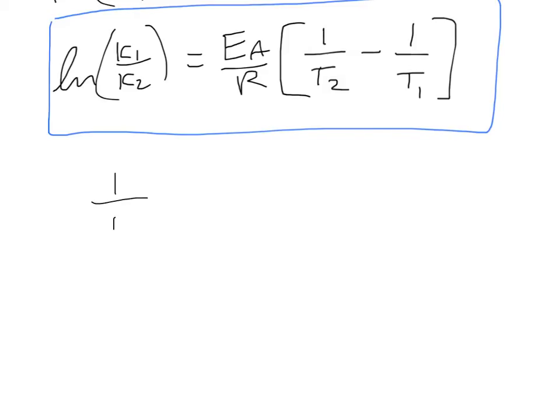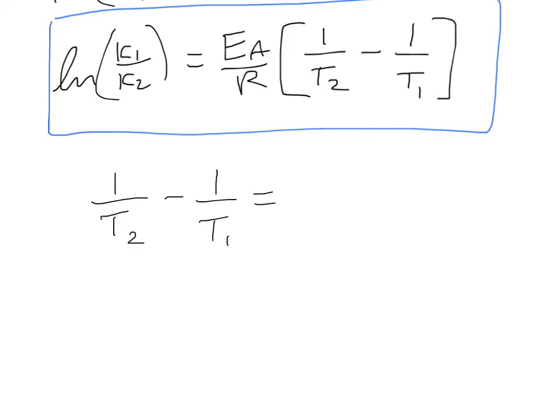But it is fairly common, and so I should probably show you why sometimes the equation above looks different. The term in square brackets, the 1 over T2 minus 1 over T1: 1 over T2 gives you a small number, 1 over T1 gives you a small number, and you're subtracting two small numbers one from the other. And this often leads to giant calculator errors.